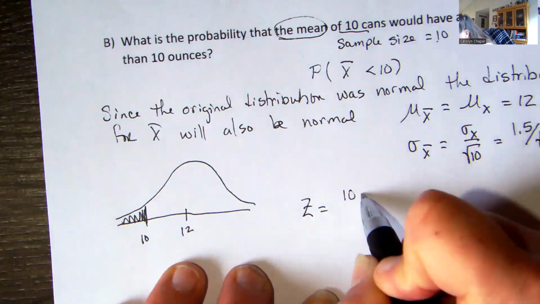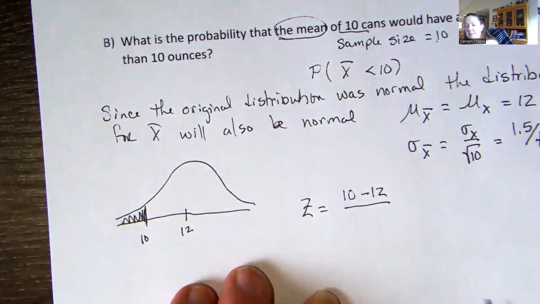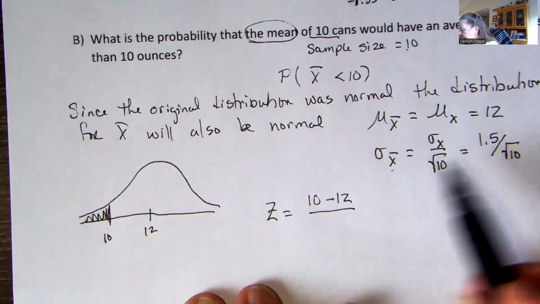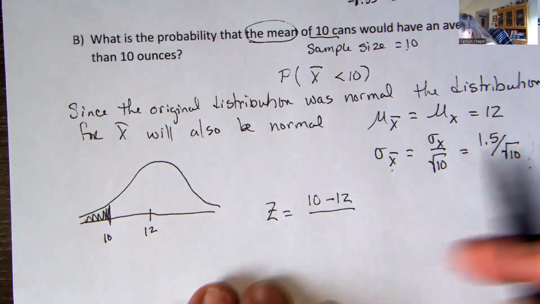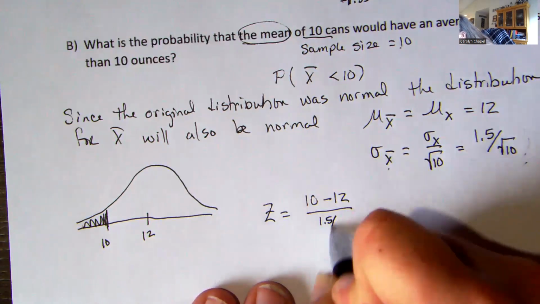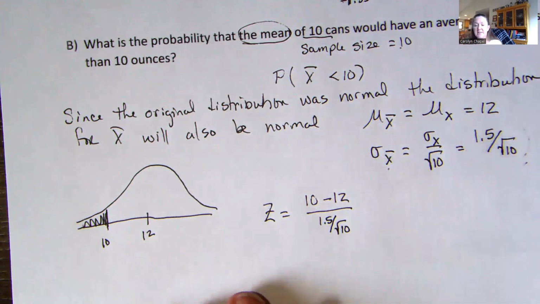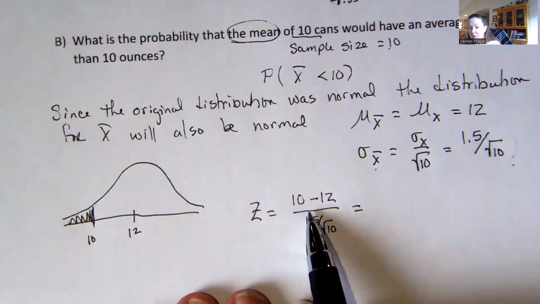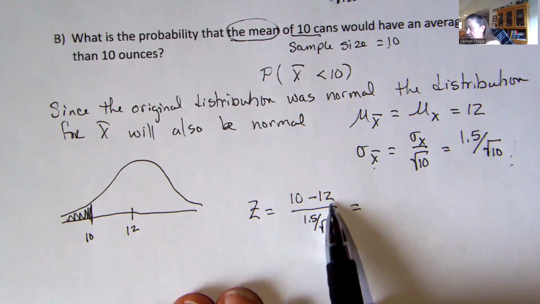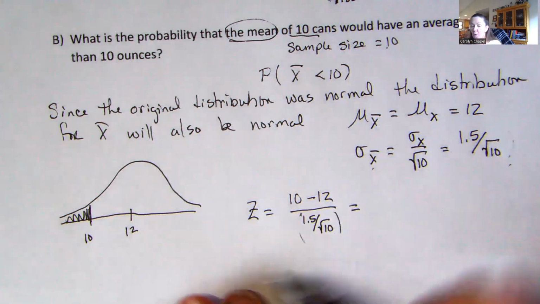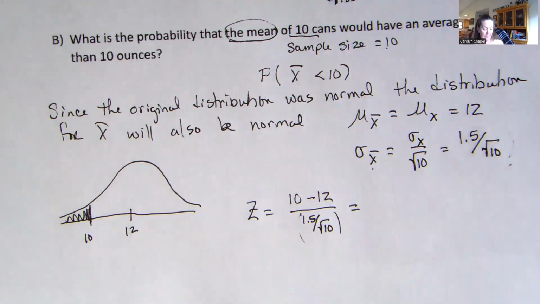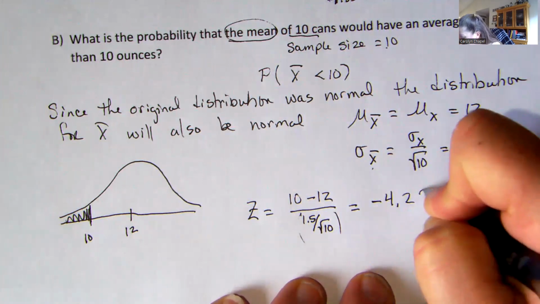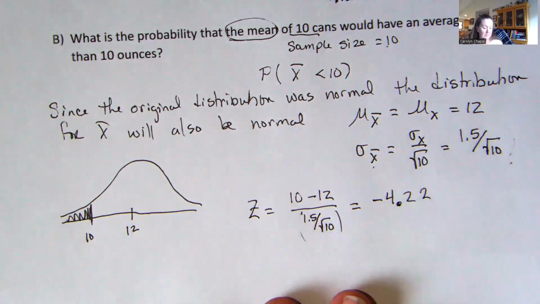It's my 10 minus the mean divided by my standard deviation. Since we're looking at the average, we need to use this as our standard deviation. The same formula, it's just that our standard deviation has changed. Okay, being very careful, taking the 10 minus the 12 and then dividing by that whole piece, I get a negative 4.22 if I round to 2 decimals.